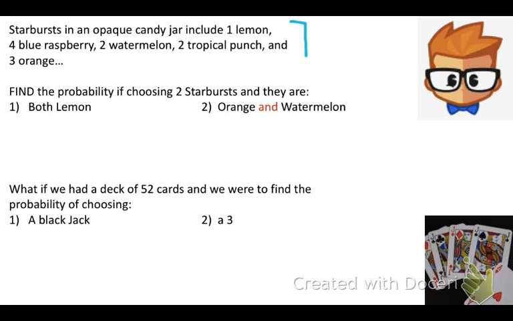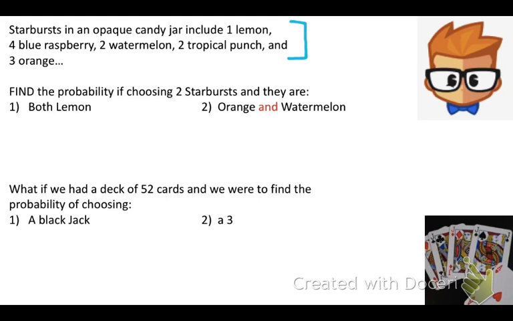We still have the same kind of Starburst in our opaque candy jar, but this time, what if we were selecting 2 Starbursts at the same time? Now we're going to multiply our answers. So for instance, let's say we were picking blue raspberry.